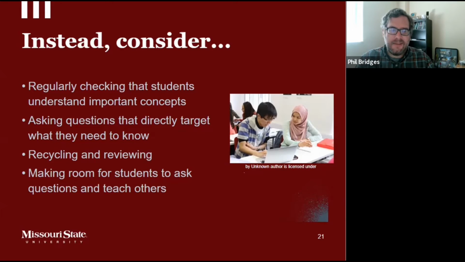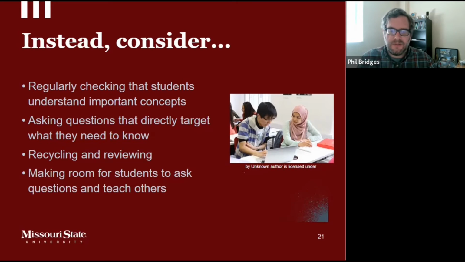Within a class, this could be using questions in a way to check if students are understanding. And this isn't just asking, hey, does anyone have any questions? Or, hey, do you understand? Instead, we're asking questions that specifically target what the students need to know.